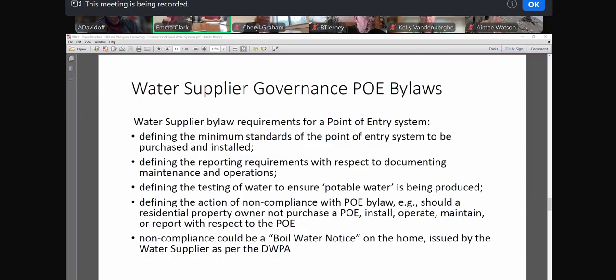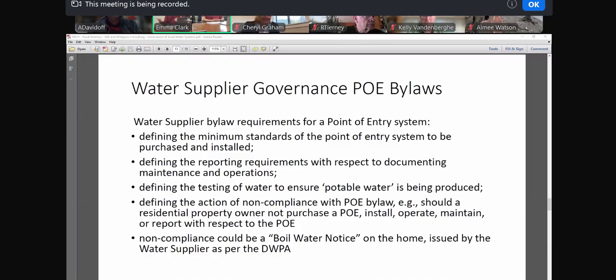There are some systems where nobody has anything, but in a lot of systems, in Vesuvian for example, 10 or 11 people have already spent money putting in pretty good point of entry systems. So how do you recognize that asset that's already there? That needs to be thought about in the cost dynamics going forward.